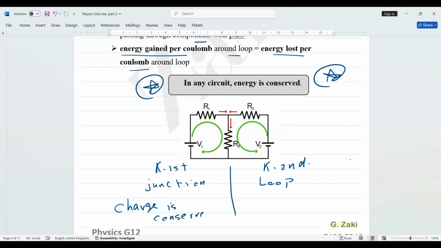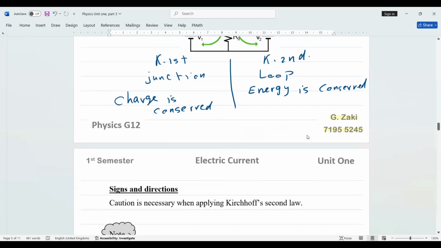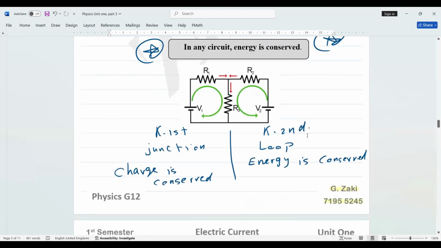In Kirchhoff's second law, energy is conserved. This comes in the multiple choice. Energy is conserved in what? In Kirchhoff's second law. Charge is conserved in what? Kirchhoff's first law. Now, sometimes we say this is loop law. Sometimes we say this is junction law.